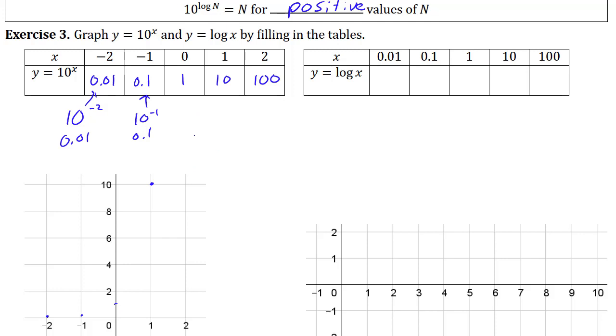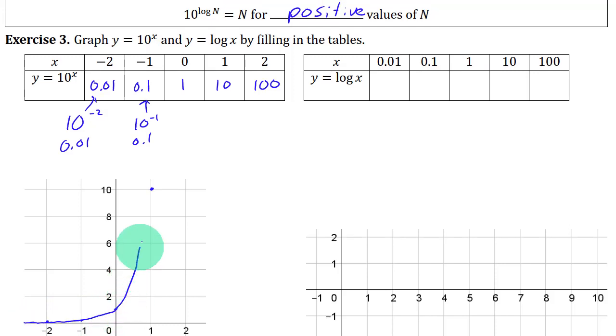So we've got that point, and then 10 to the power 2 is way off the charts. So this graph is going to look kind of like this. And here it's going up super steeply. So that is y equals 10 to the power x. All right, so now for this one, let's see.